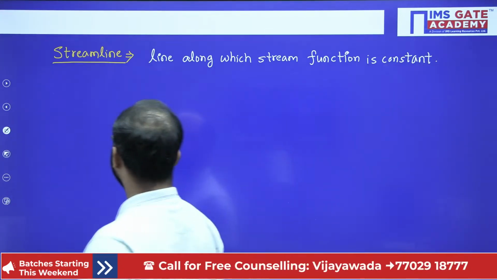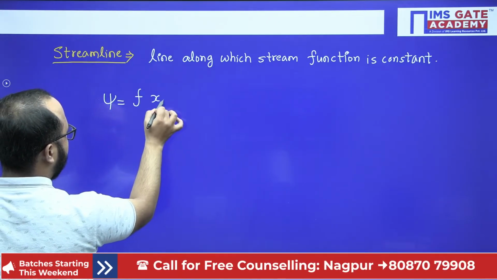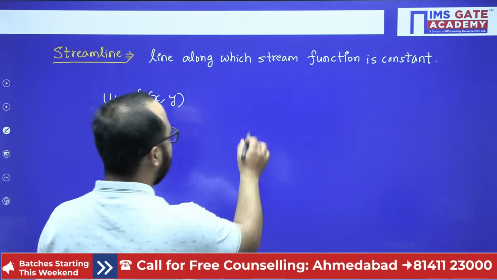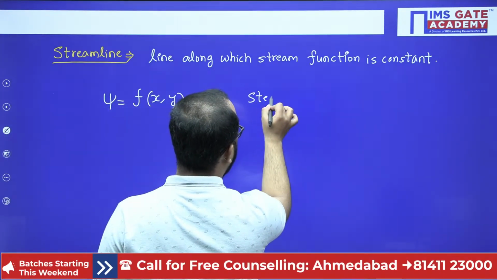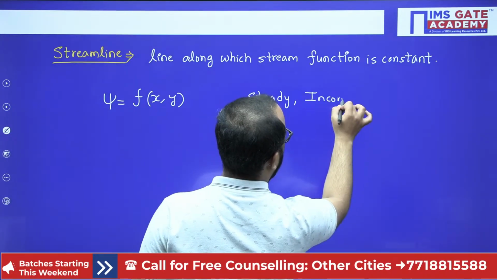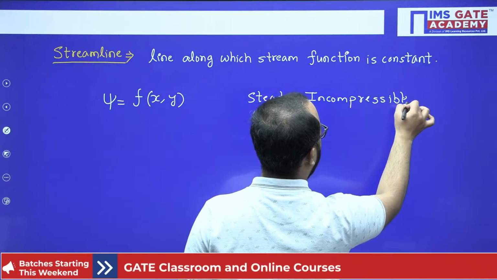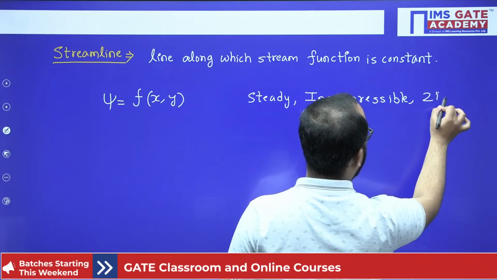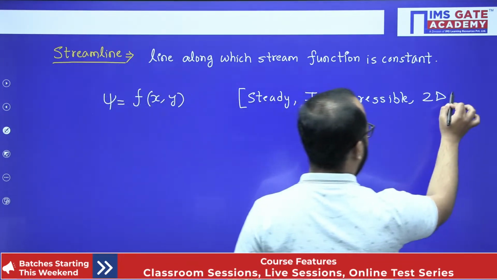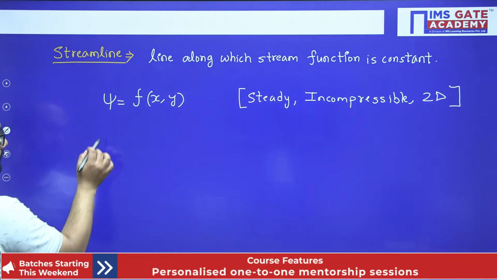Now see, the stream function is a function of x and y, 2D steady incompressible flow I am talking, right? So I will write the condition again. So these are basically the conditions. Now, very important point.